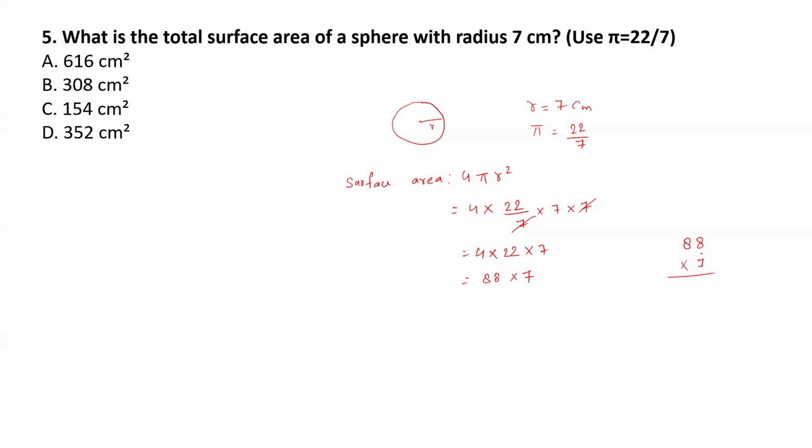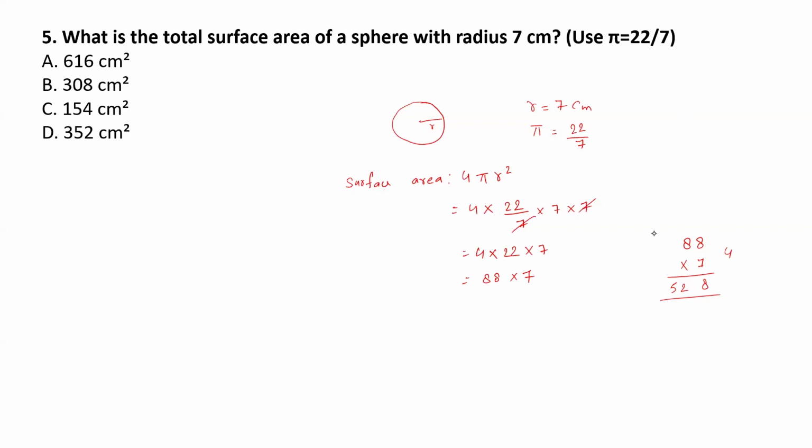So 7 into 8 is 48, right? Again, 7 into 8 is 48, 48 plus 4 is 52, I guess. No. Just a minute. What is this? 7 into 8 is 56, right?